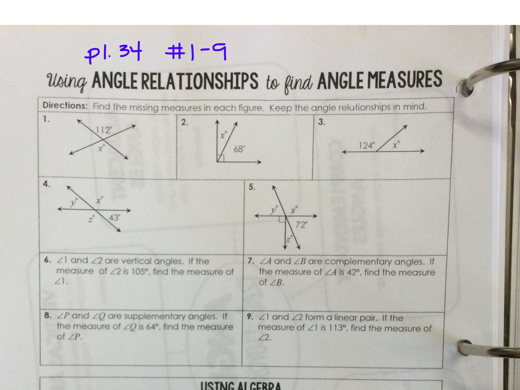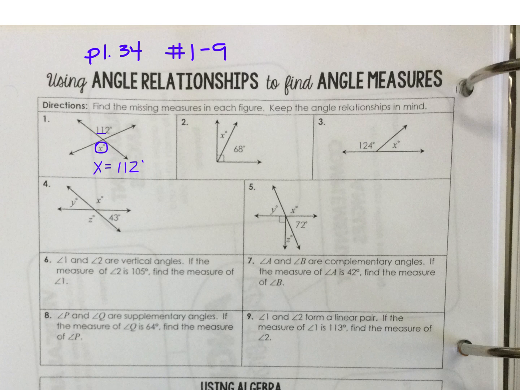This is page 134. We're going to do 1 through 9. We're going to figure out what the missing part is. So this is what I'm looking for in number 1. It's a vertical angle with 112, and we know that vertical angles are always the same. So this one's easy. X equals 112 degrees.